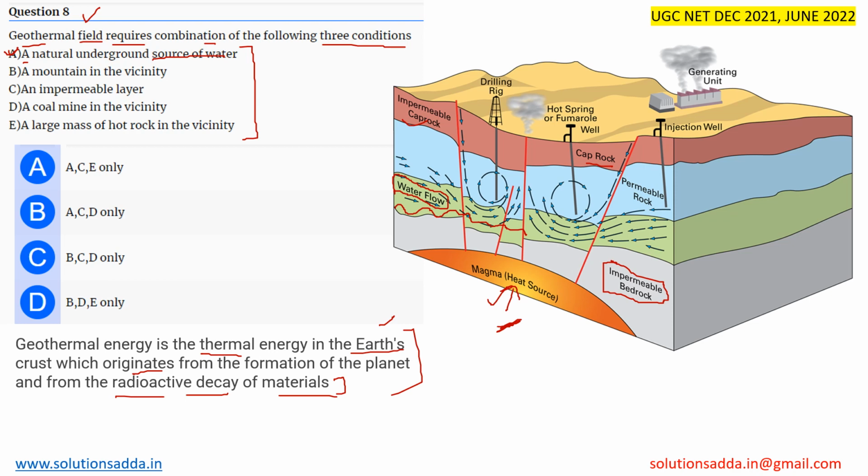So the options which do not contain statement A we can exclude. So simply we can eliminate options C and D here. Now let's check the other one: a mountain in the vicinity, an impermeable layer, a coal mine in the vicinity, and a large mass of hot rock in the vicinity. Did you observe that vicinity is common here?